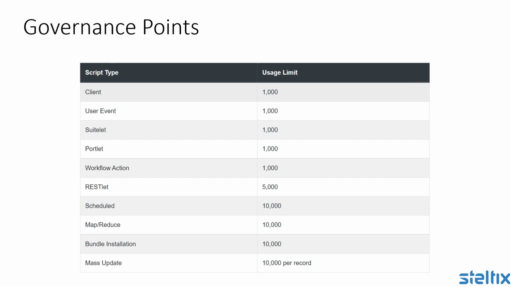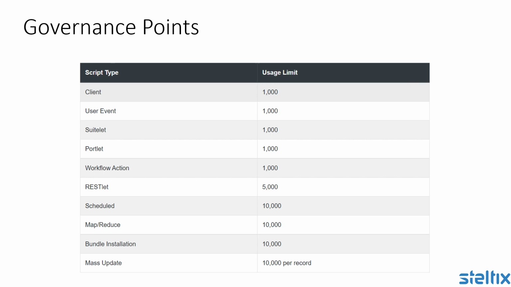With the mass update, it would then go and say, okay, I've got my 1,000 rows, which would be the ID and the table that I'm working with. And per record in that loop, I will have 10,000 points. So if I have 1,000 records that need to be updated, every record will have its own 10,000 points that it can use.